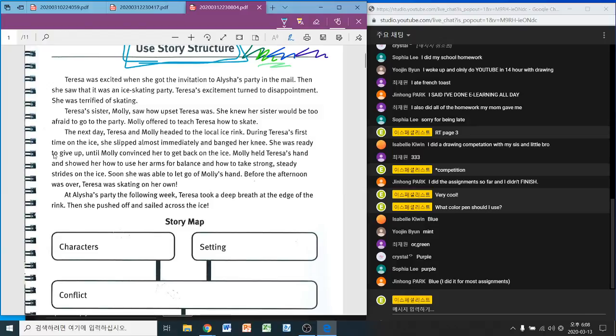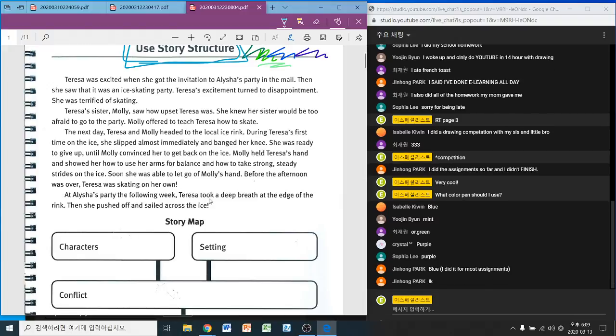She was ready to give up until Molly convinced her to get back on the ice. Molly held Teresa's hand and showed her how to use her arms for balance and how to take strong, steady strides on the ice. Strides are like steps. Soon she was able to let go of Molly's hand. Before the afternoon was over, Teresa was skating on her own. At Alicia's party the following week, Teresa took a deep breath at the edge of the rink. Then she pushed off and sailed across the ice.